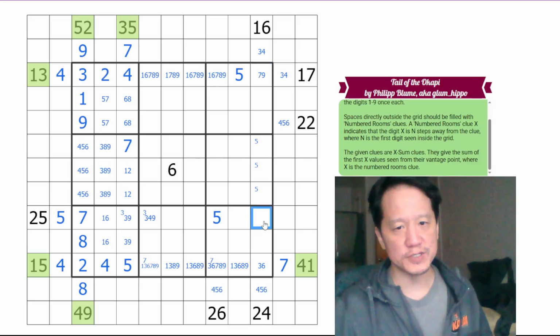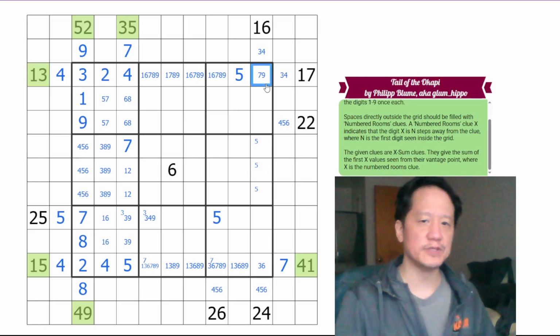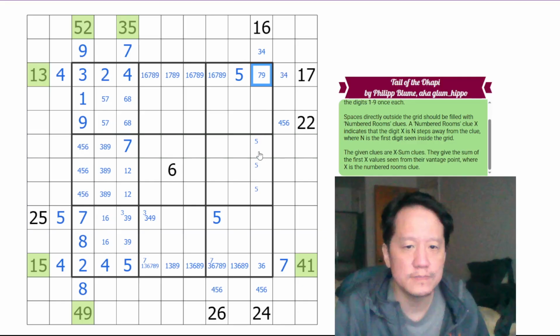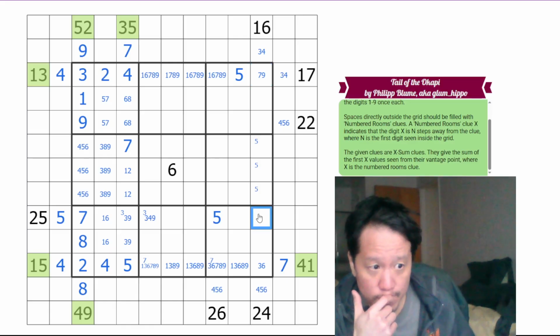And then this would be 7 away. This would be 3 away. And 4... Okay, actually, yeah. You would have 4, 3, and 7 there. That adds up to 14, and a single digit doesn't work. So it cannot be the same digit. 3 cannot be here.